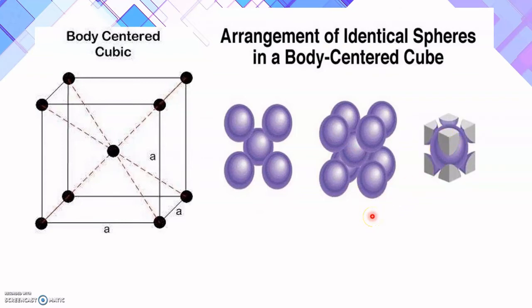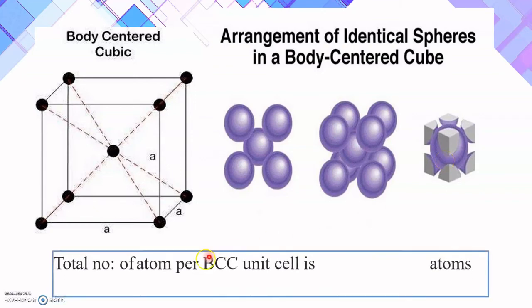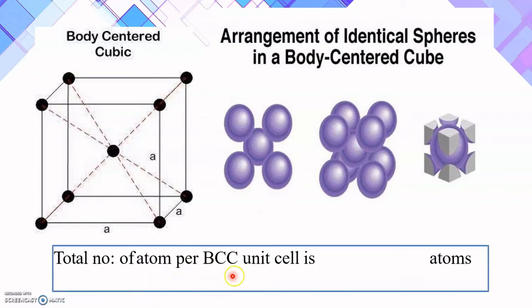Hence, its contribution to the unit cell is 1. Thus, the total number of atoms per a body-centered unit cell is 1/8 into 8 plus 1, that is equal to 2 atoms.